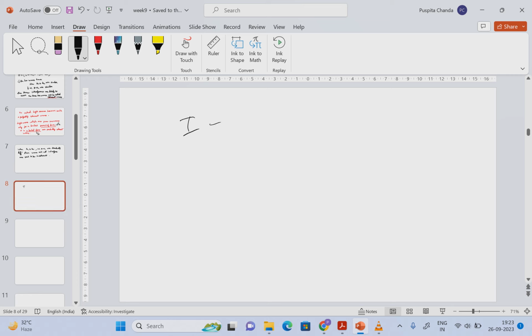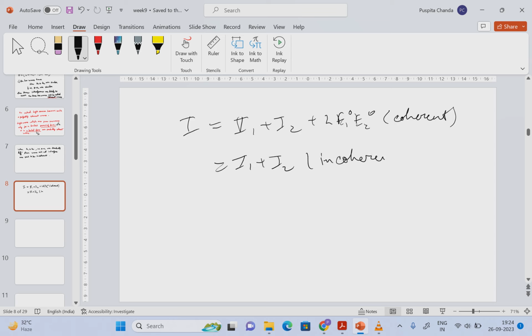For coherent sources, it would be I1 plus I2 plus 2 into E1 naught E2 naught. For incoherent, it will be different. So there are two different criteria of coherence. One is temporal coherence and another is spatial coherence.